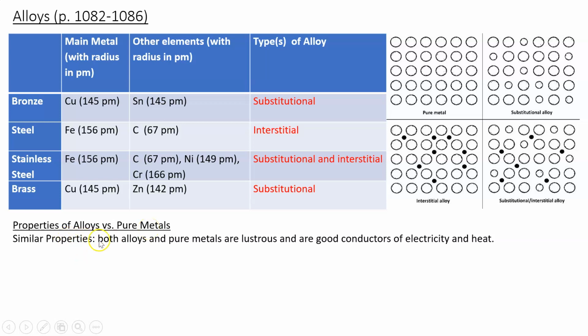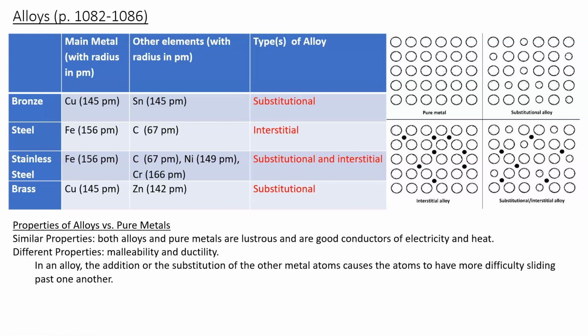All right, the properties of alloys versus properties of metals. There are some similar properties. They both are lustrous and good conductors of electricity and heat. Some different properties are things like malleability and ductility. In an alloy, the addition or substitution of the other metal atoms causes the atoms to have more difficulty sliding past one another, especially if you look at an interstitial alloy like this.